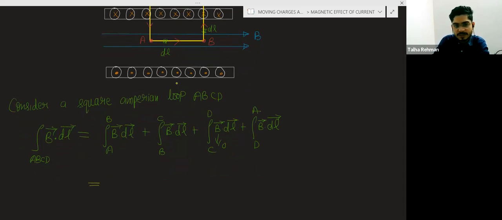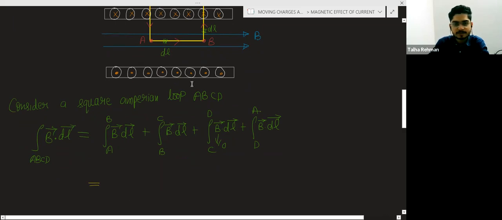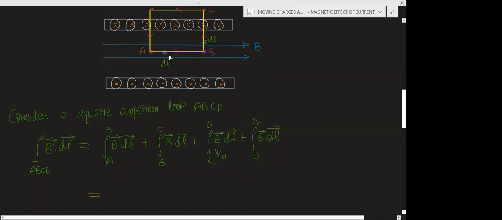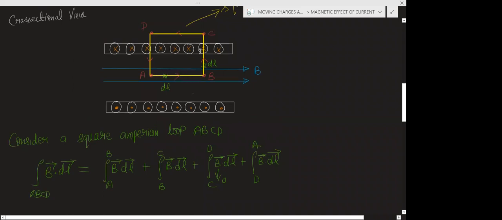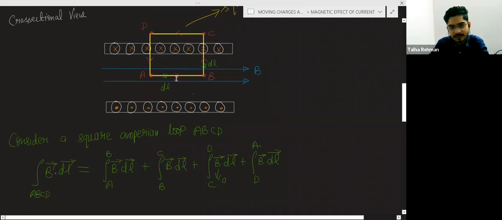Now this is the direction of the magnetic field. In this direction, the magnetic field is present, and the direction of DL will also be along this direction, because I have taken the direction of the loop in this direction. So the direction of DL and B here will be in the same direction.